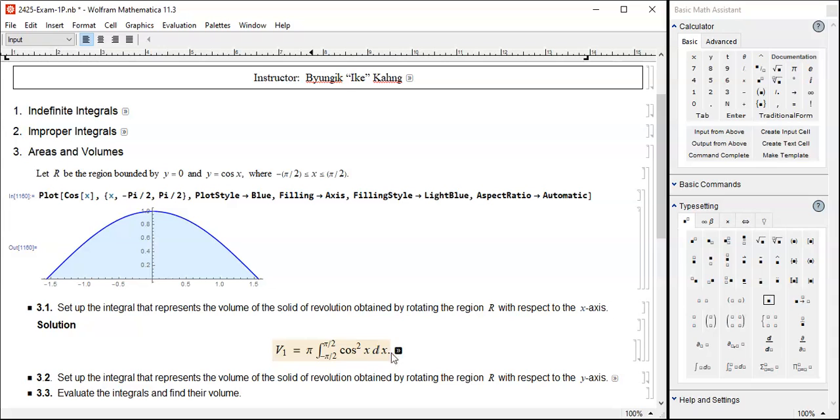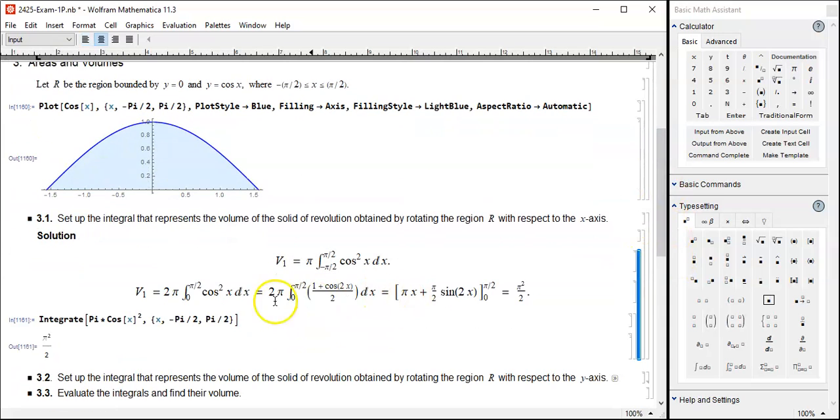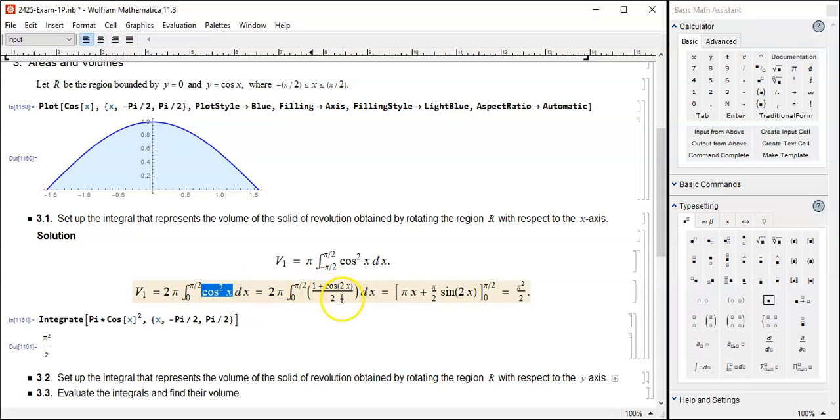Well, this is a familiar integral. Calculating the antiderivative of this cosine squared, you can use a power reduction formula, or you may call it the half angle formula, whatever you want to call it. It's basically this: cosine squared being reduced, second power reduced to the first power, and then you can calculate the antiderivative.